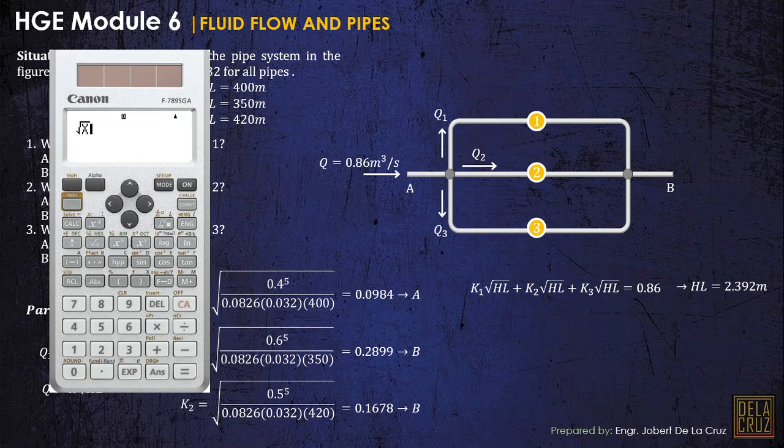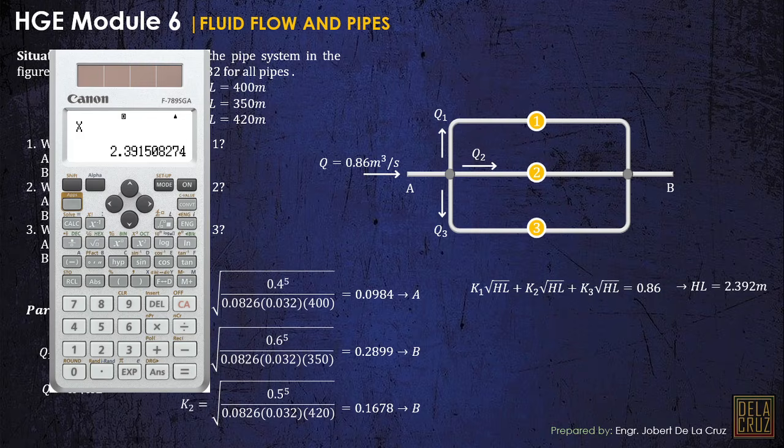A plus B plus C. Ayan. Then, alpha equals 0.86. So, shift solve. A natin nakastore dyan. B nakastore dyan. And C nakastore dyan. So, approximately yung HL natin is 2.392 meters. Okay? So, yung HL natin dito, naka-store na siya automatically kay X.